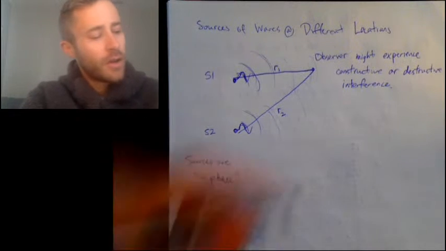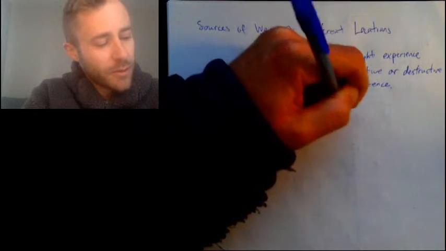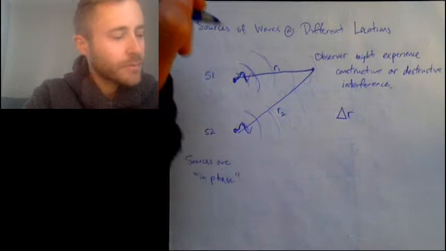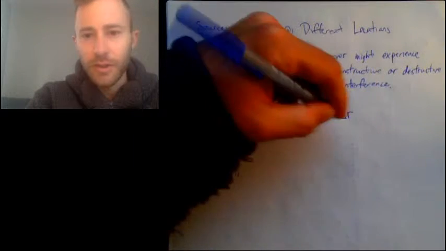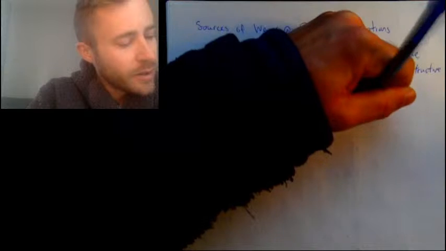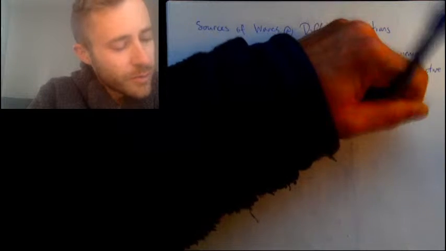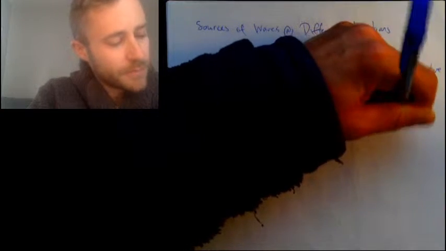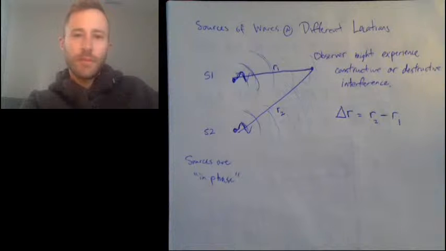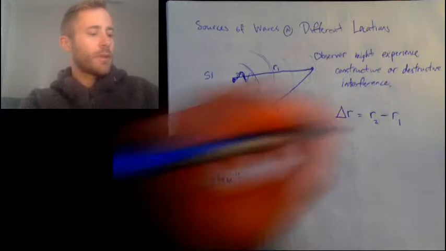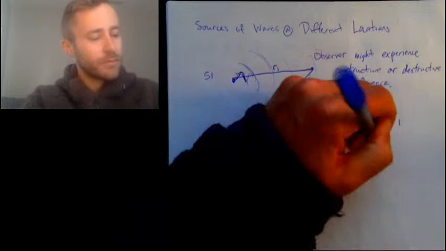There's a thing called the path difference, which is denoted by delta R, and it's equal to R2 minus R1. That's called the path difference.